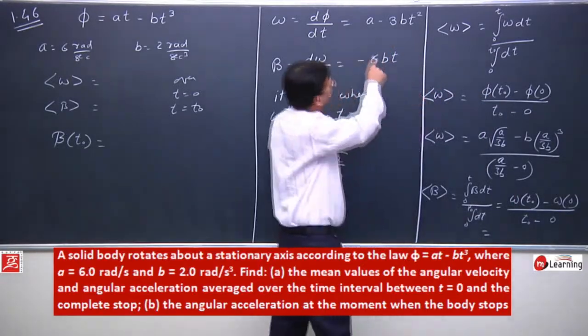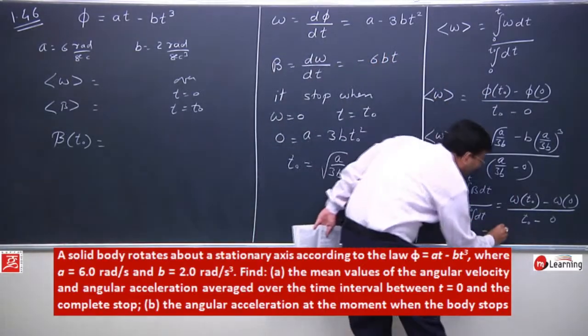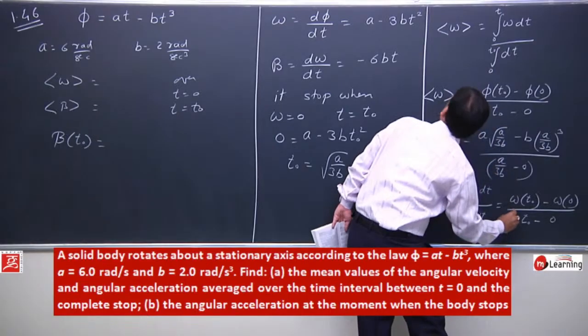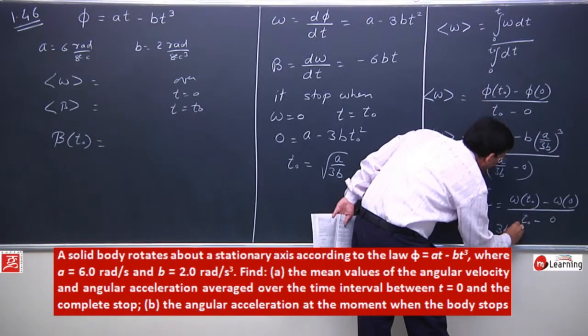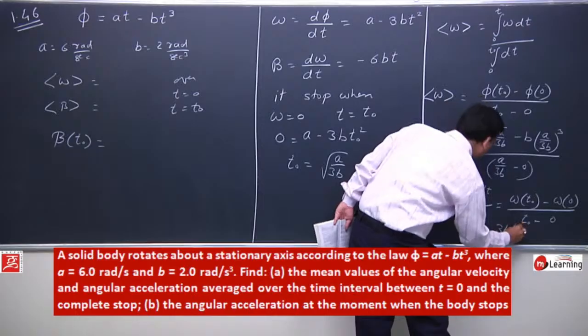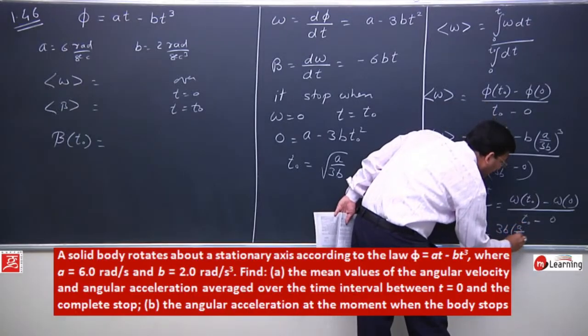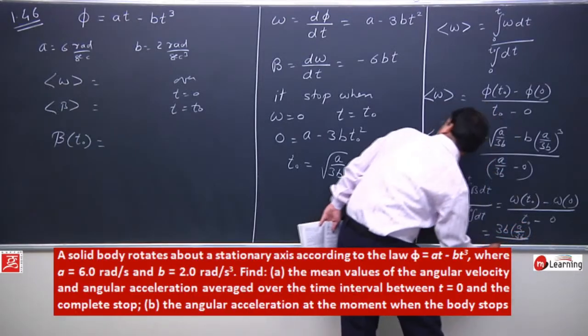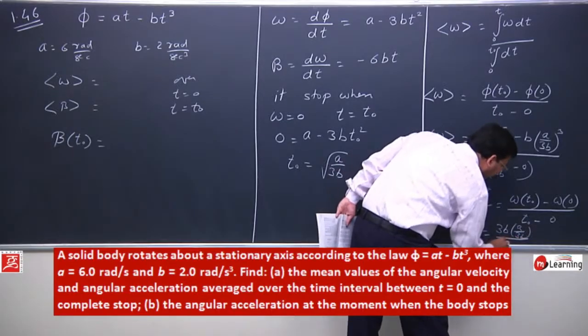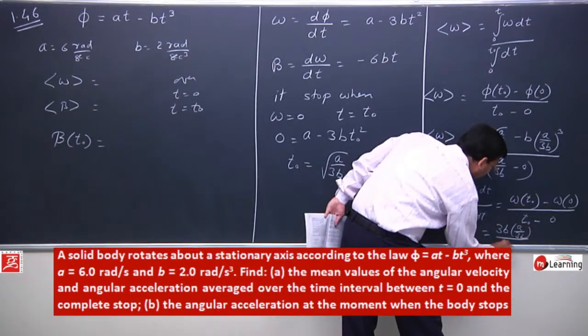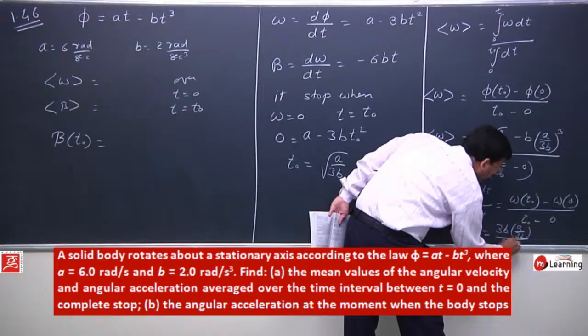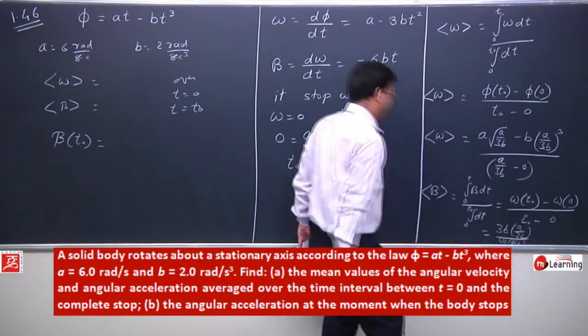A is constant, so 3b into t square, for t square I will write a upon 3b, upon under root of a by 3b to the power half.